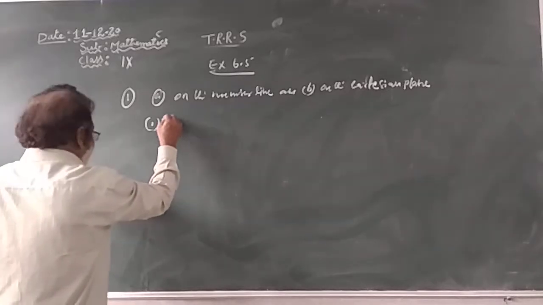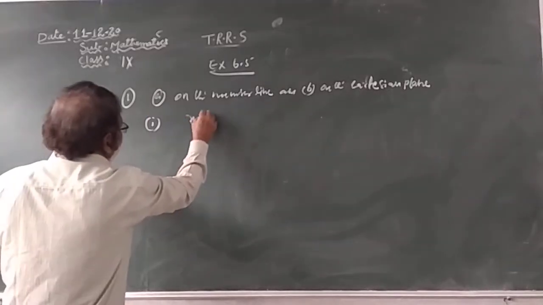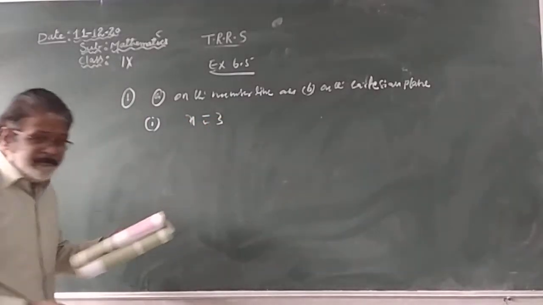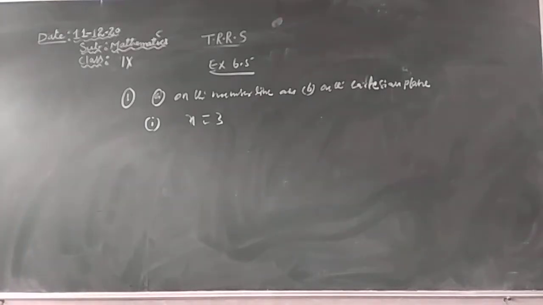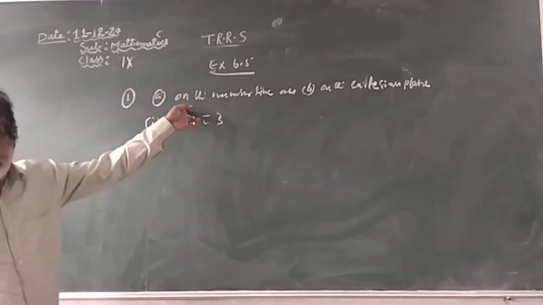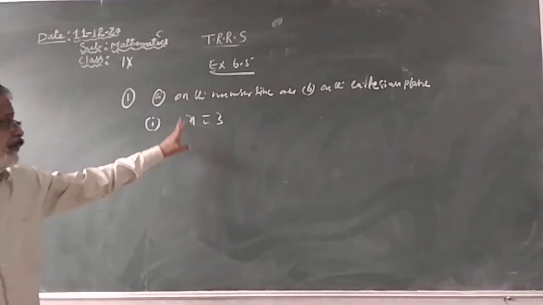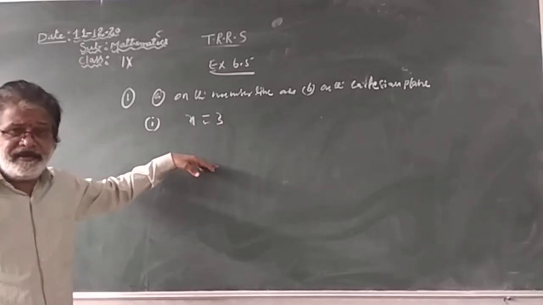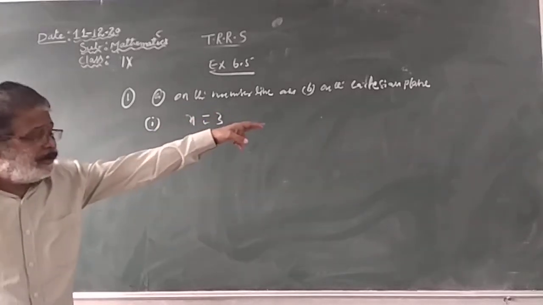What is the equation given? First bit: x equal to 3. Draw the graph for the following equation, that is, represent it on the number line and on the Cartesian plane.